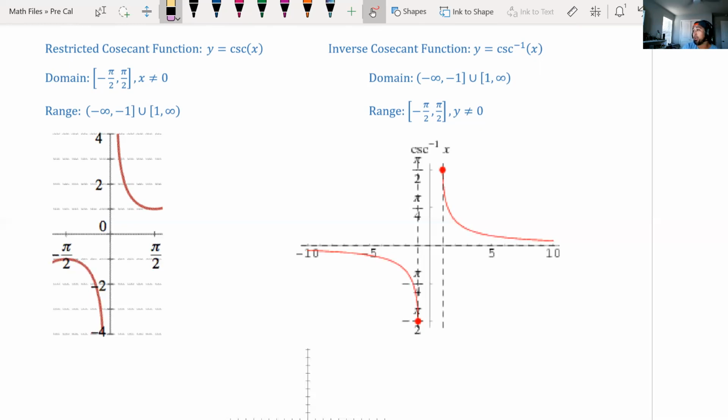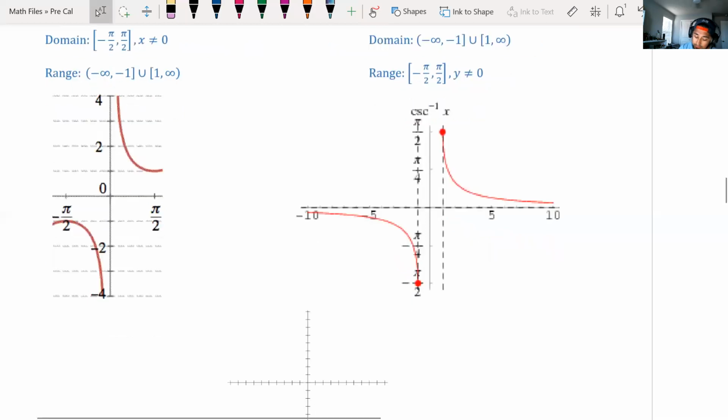The only difference: you can equal negative pi over 2 to pi over 2, just not 0. So it's very similar to inverse sine and inverse tangent, but remember tangent's not included at its endpoints, sine it's included, but here the only value that's not included is when y is equal to 0.